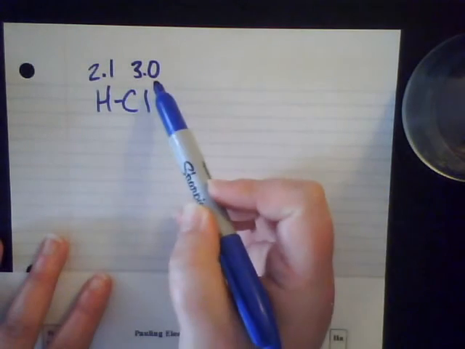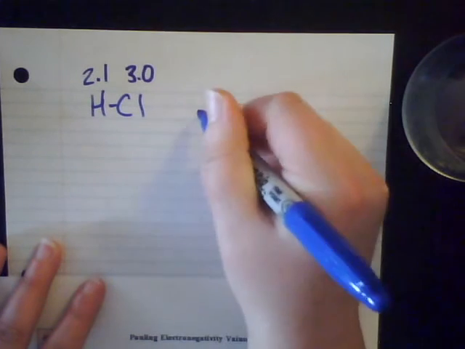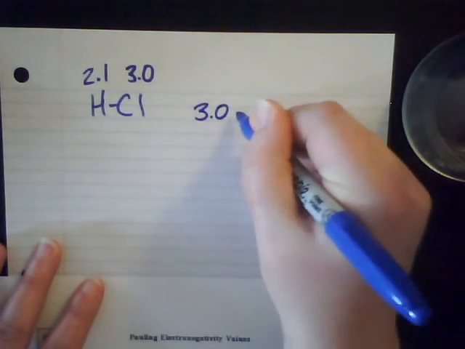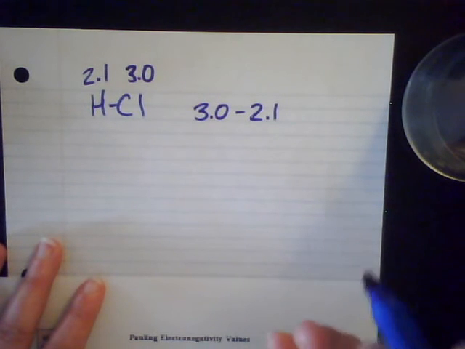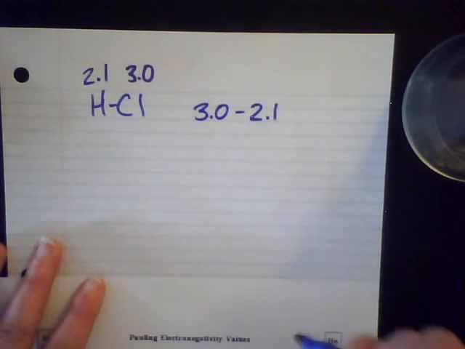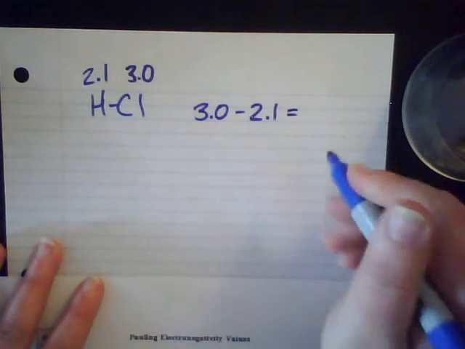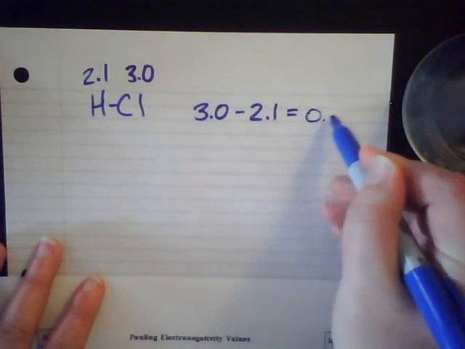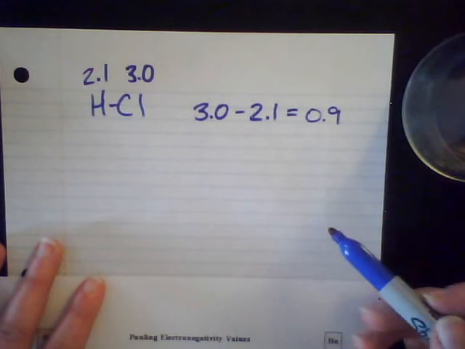Now the way I can use Pauling's electronegativity scale is I take the difference between these two numbers. So if I'm taking a difference, I'm subtracting. I subtract the smaller one from the larger one, or you could think about it as taking an absolute value if you prefer. You always need to end up with a positive number as an answer. So I take the difference between these two, and I get 0.9.